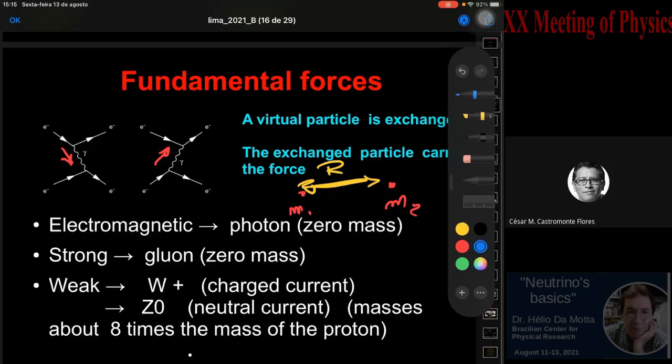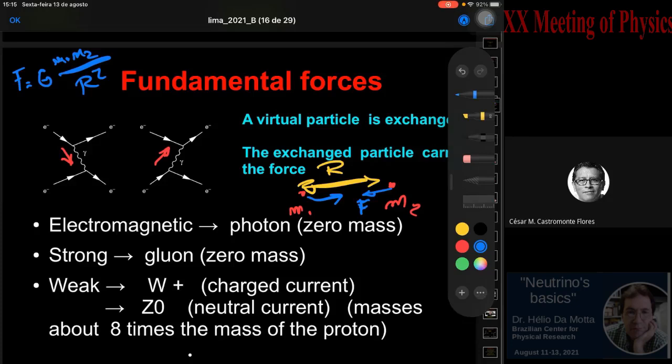In that case, there will be a force, with the same expression: the constant is G, times M1, M2. Exactly the same expression, but of a different nature.